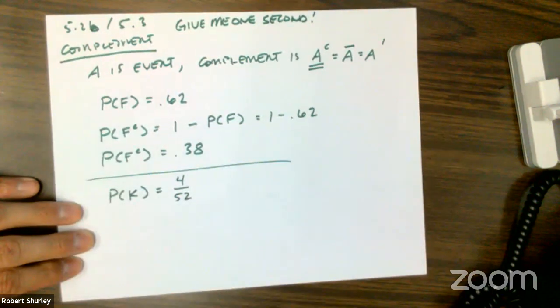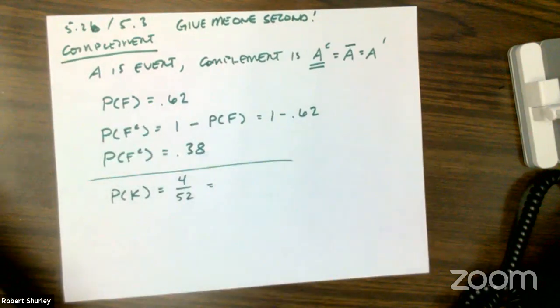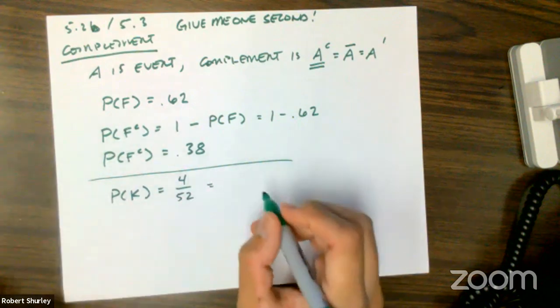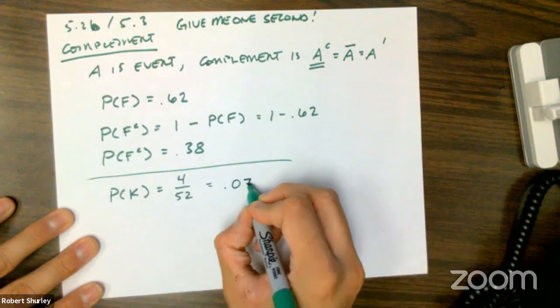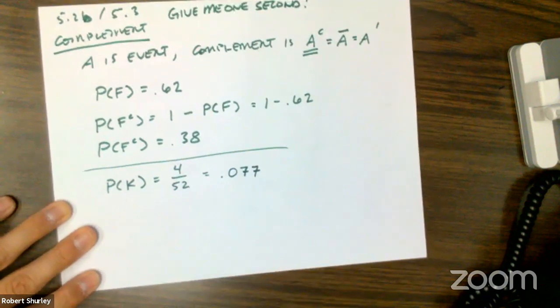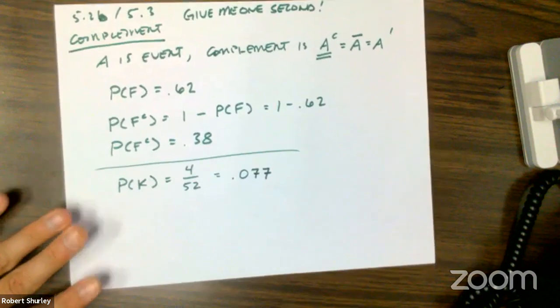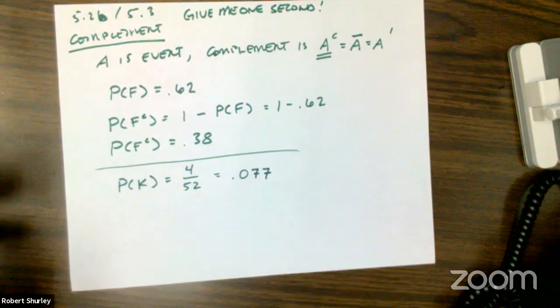I'm going to write it as a decimal just because that's what we typically do with probabilities. So 4 divided by 52 winds up being, rounded to 3 decimal places, 0.077.